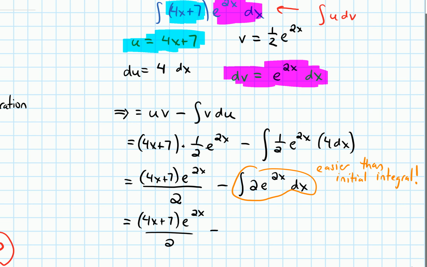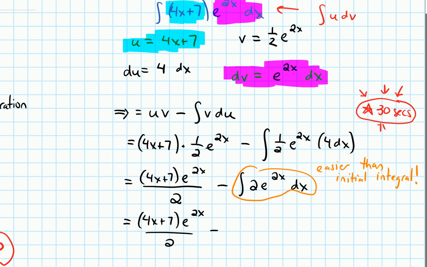So pause the video for 30 seconds and see if you can work out what that antiderivative is. My hint is we did one like this earlier in the problem. Pause the video and see if you can do this antiderivative.